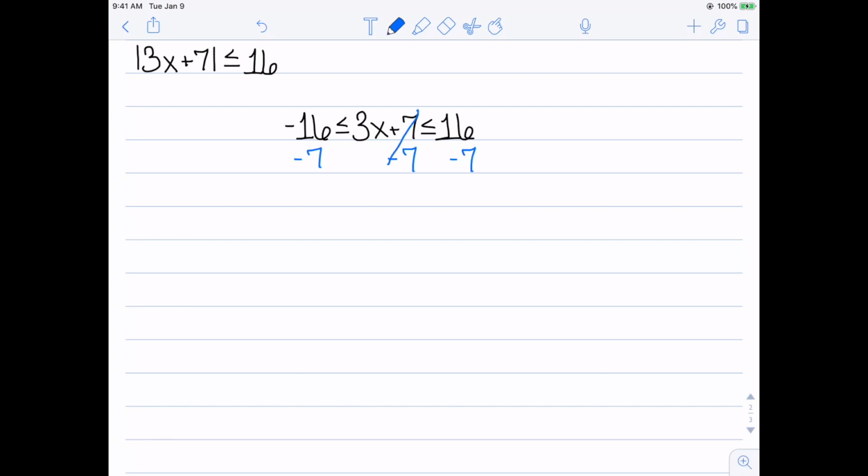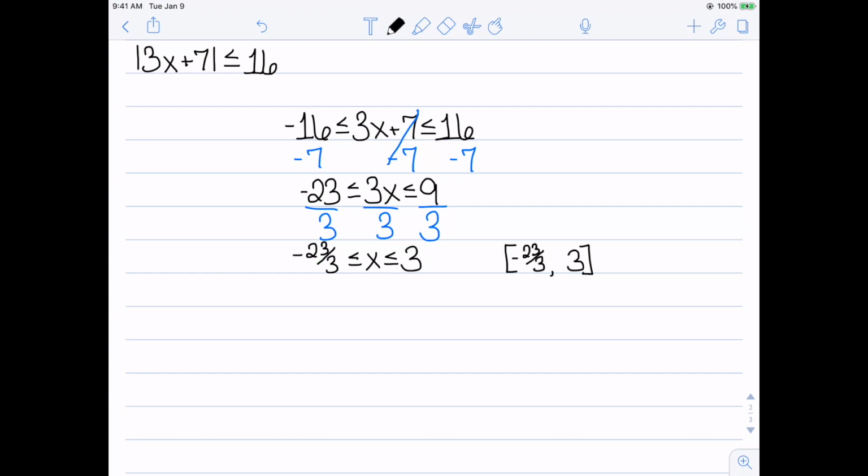We then subtract 7 from all three sides. And we get -23 is less than or equal to 3x is less than or equal to 9. We then divide all three sides by 3. And we get -23 over 3 is less than or equal to x is less than or equal to 3.